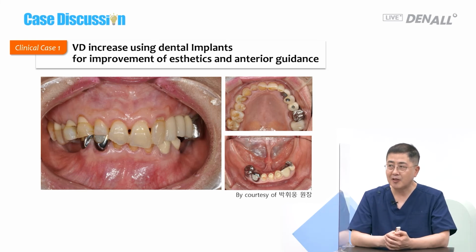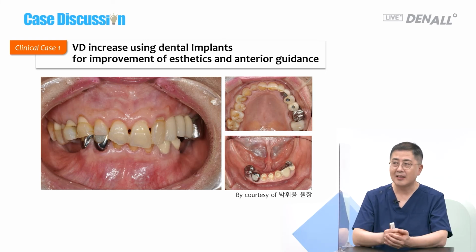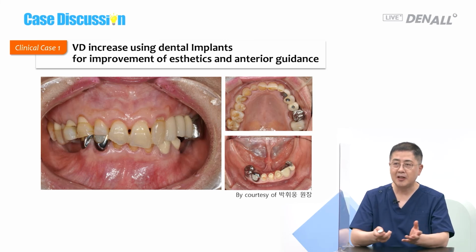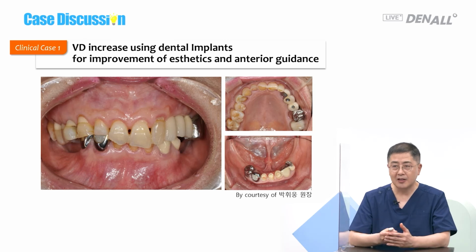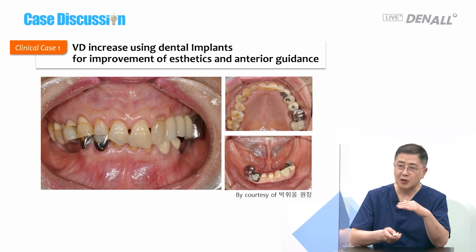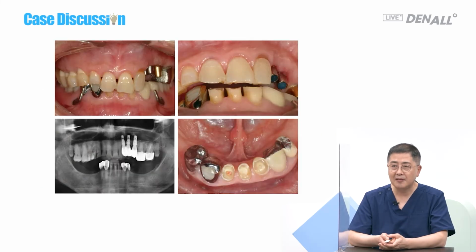This is a case of Dr. Park Hee-ung, which is a little bit simpler for a private practitioner to follow. This is not a full increase of VDO. Existing prosthesis is used and resin buildup on natural teeth.